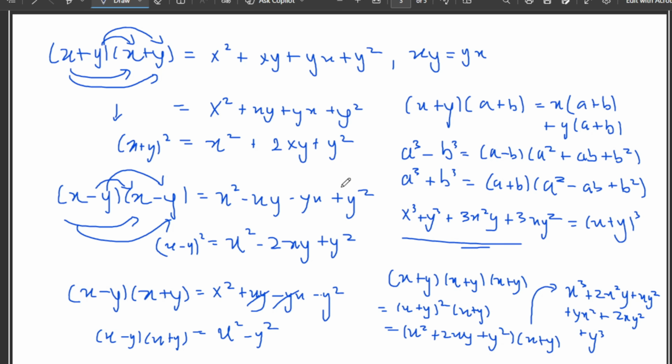And what if we're trying to factor out, say, a polynomial? Well, we already know that this will be x plus y squared, right? If we have x squared plus 5x plus 6, how do you factor this?